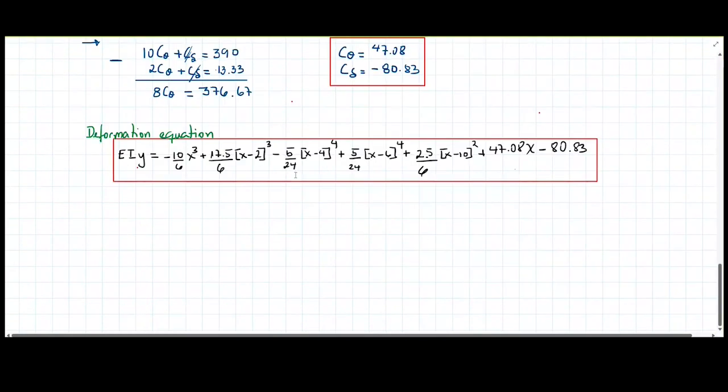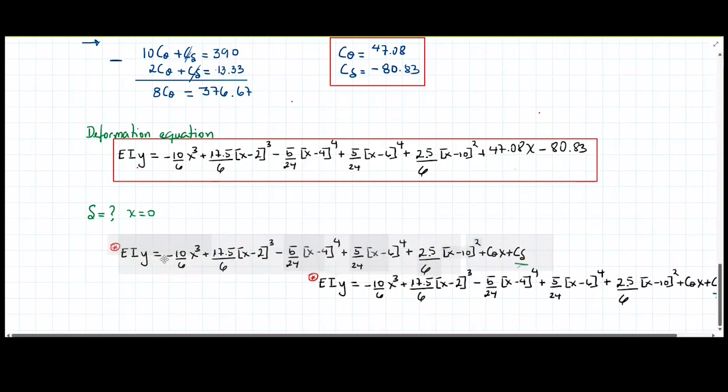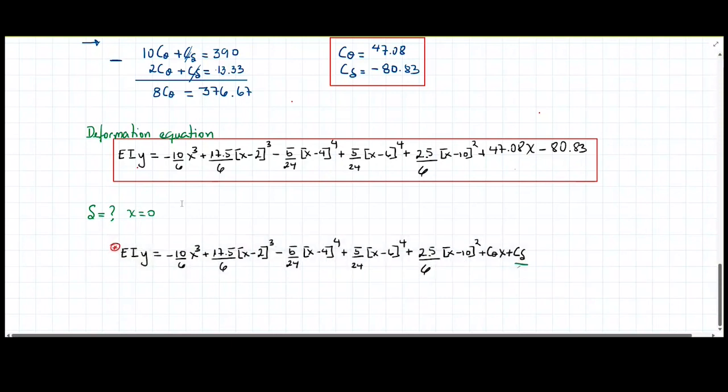Let's see what happens with the deformation. So when x equals 0, what's the deformation when x equals 0? So I could bring that formula again and say, well, the deformation when x equals 0 is, I know that this is not acting, even this is not acting because it's 0.